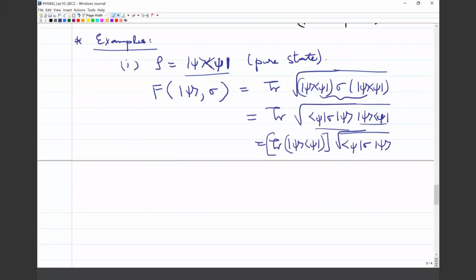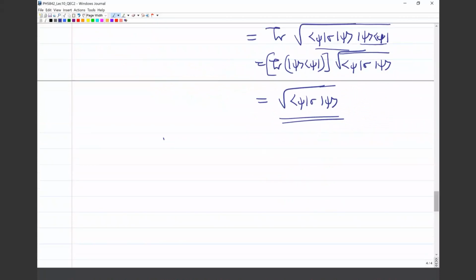And so this is nothing but square root of psi sigma psi. I hope you see this. So I'm going to now define something called F squared of psi with sigma, which is just the expectation of the operator sigma in the state psi.